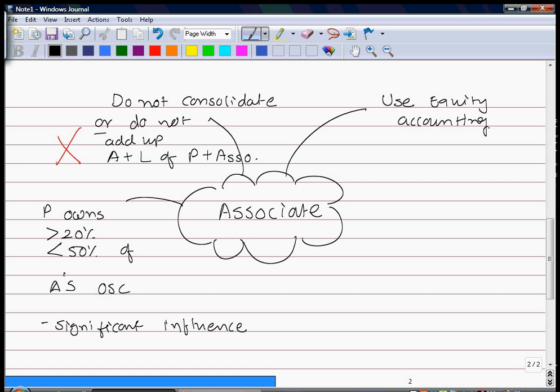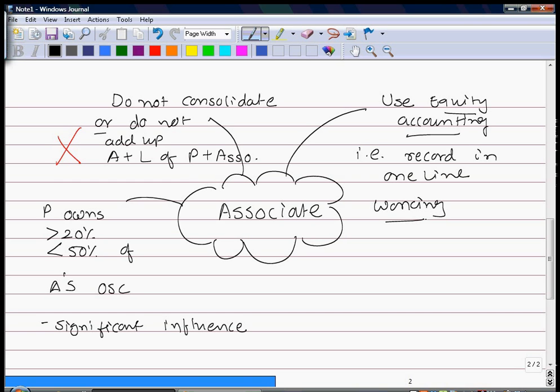And when you have an investment, you show it in one line, just like investment in other company shares, bonds, or bank deposit, etc. So you have to use equity accounting to show it, i.e. you're just going to show it in one line.